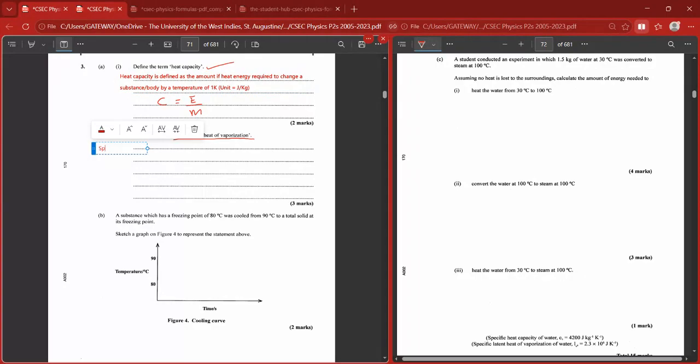So I have specific latent heat of vaporization is defined as the amount of heat energy required to change 1 kilogram of a liquid to a gas without a temperature change.